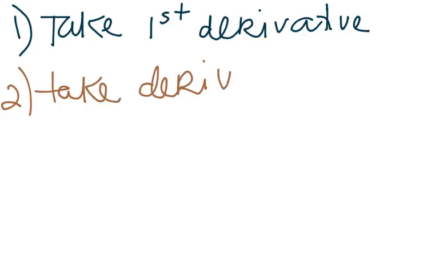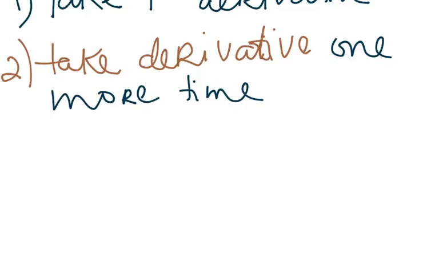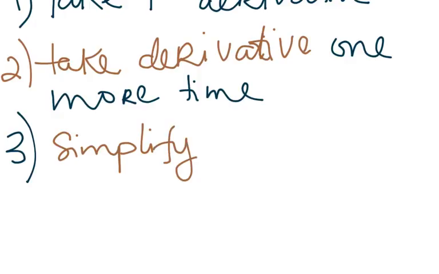Take the derivative one more time. Then this is the important part after we take the second derivative: we want to simplify the function.